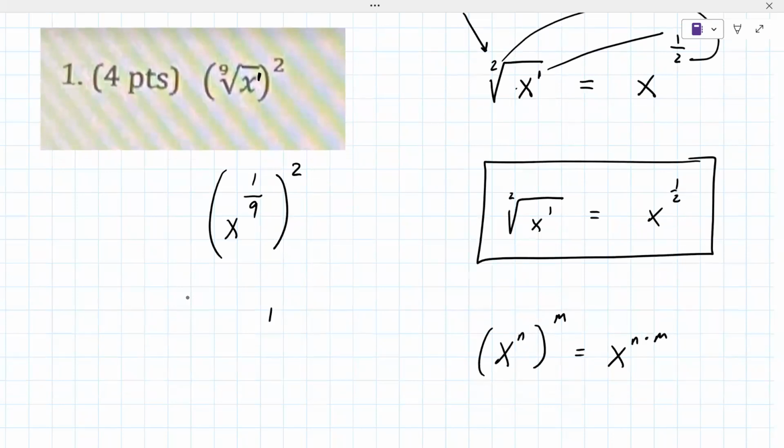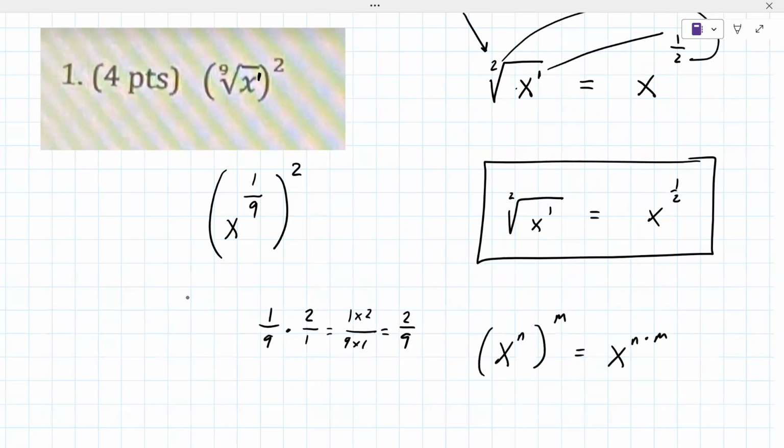So you've got to be able to multiply 1/9 times 2. Do you remember how to do that? Yeah, you have to square it. You write 2 as 2 over 1, and with a fraction, you multiply the tops, and then you multiply the bottoms.